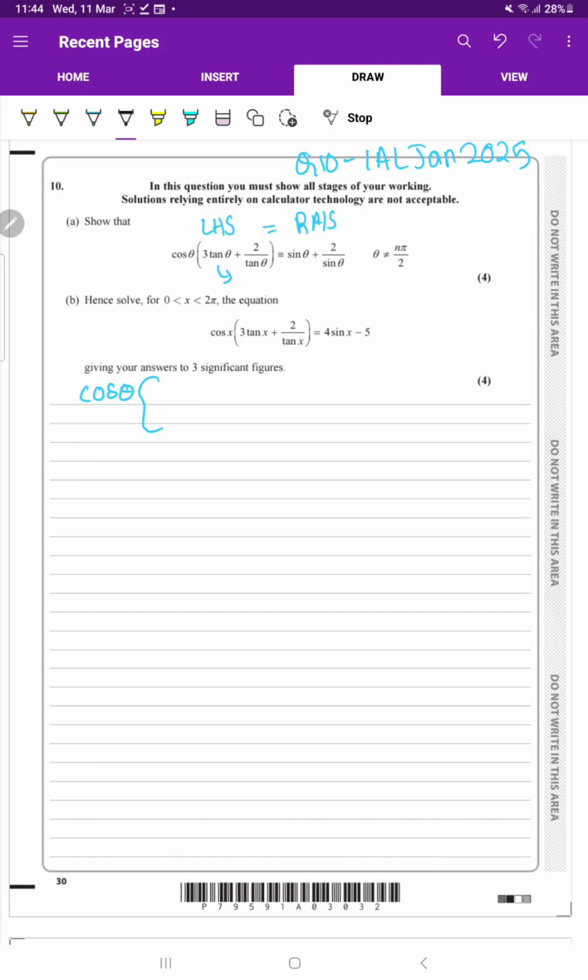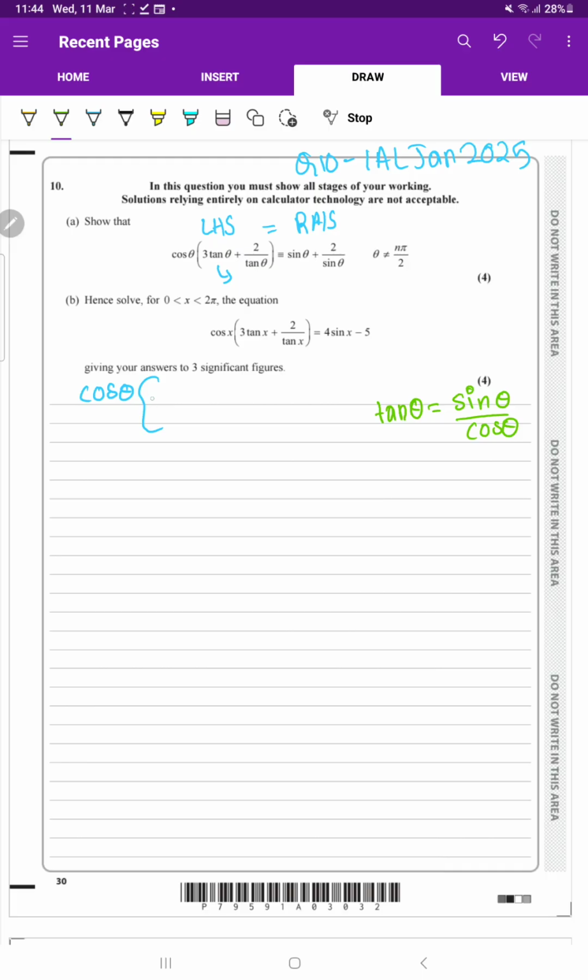Let me write a trigonometric identity aside. Tan theta is equal to, no sorry, tan theta is going to be sin theta over cos theta, right?